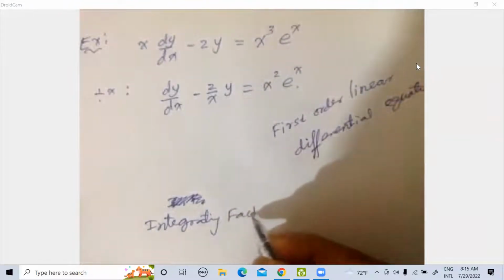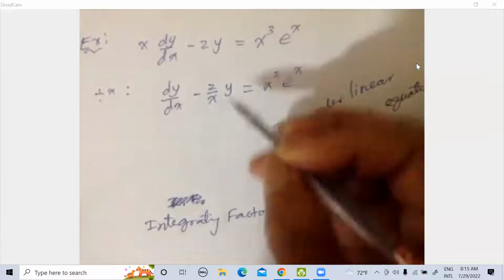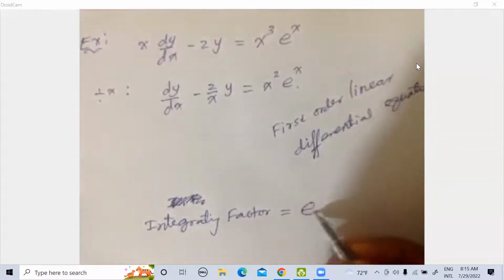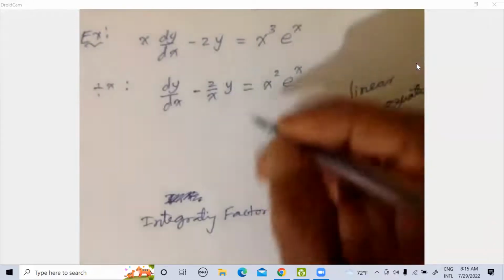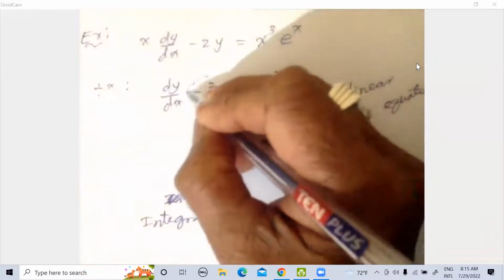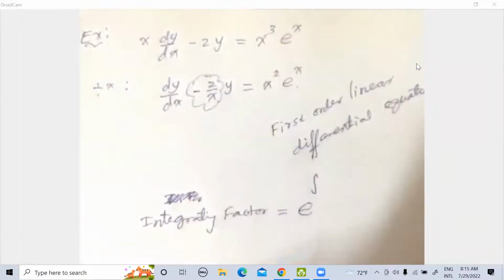What is the integrating factor? Integrating factor is e to the integral, sounds complicated. What is p of x? P of x is what you have here.